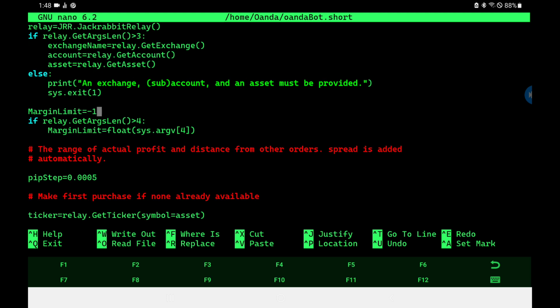This is what this part does right here. So if we don't give the program a margin limit, it sets margin limit to -1, meaning the program doesn't limit its purchases based upon the margin. So we have that done.